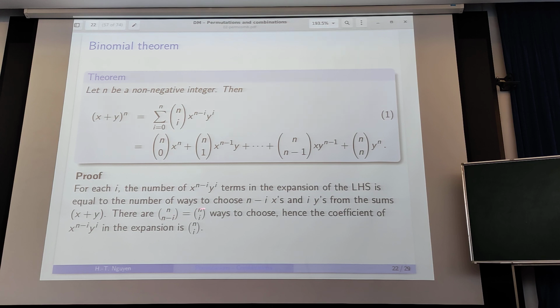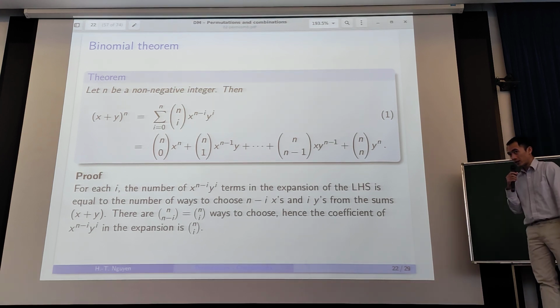And since it's symmetric, it is also equal to this. And so there are n choose n minus i times this term on the right hand side. So you group them together to get n choose n minus i times this product. Okay? And you do that for any value of i going from 0 to n, and you get the full development on the right hand side.